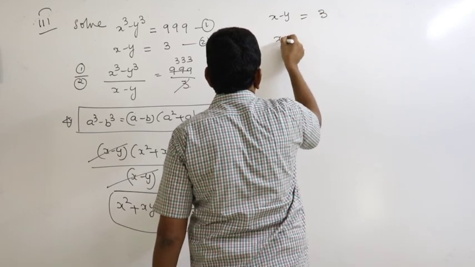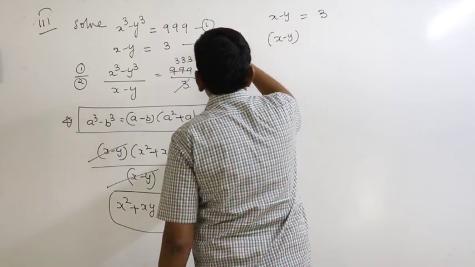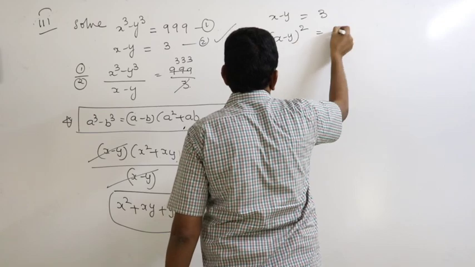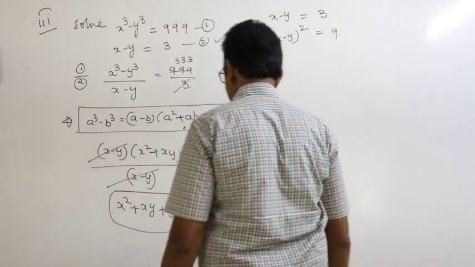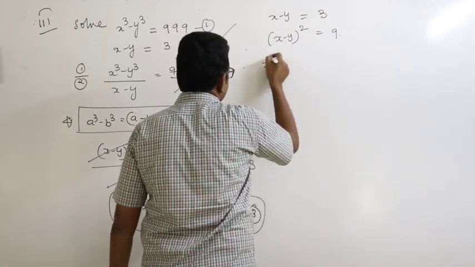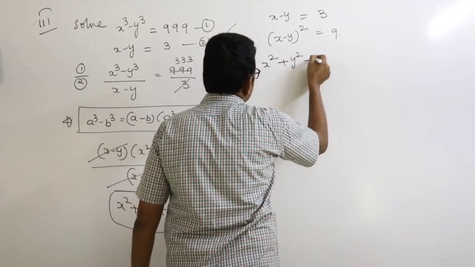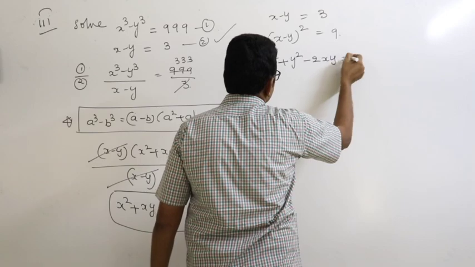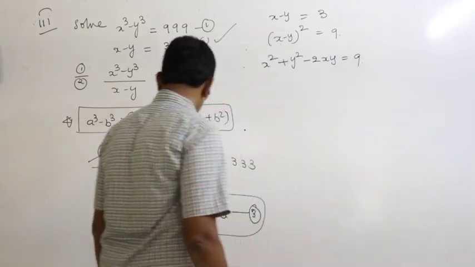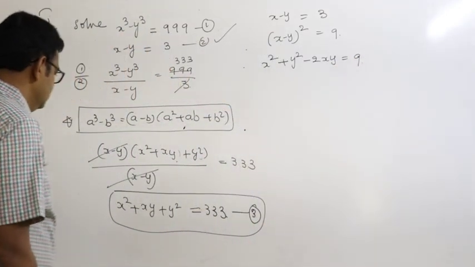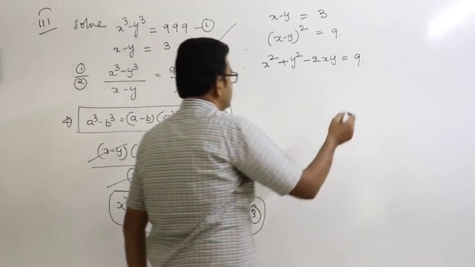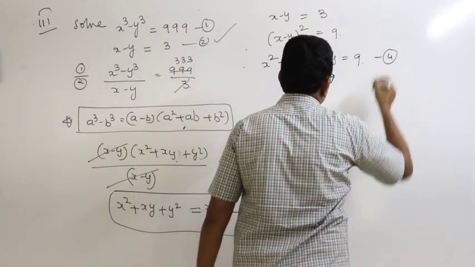Now I am squaring both sides of this equation. x minus y whole square equal to 9. So this is x square plus y square minus 2xy is equal to 9. Let it be the fourth equation.